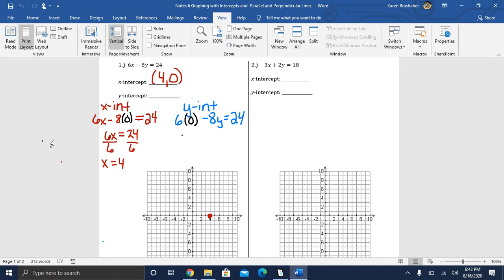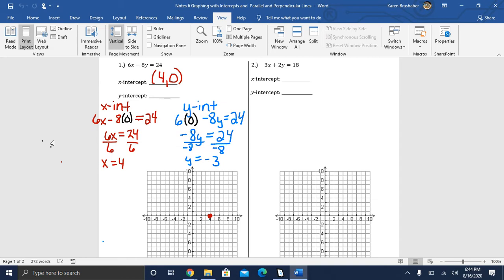So the 6 times 0 is 0, but I do need the negative along with the 8. So negative 8y equals 24. Dividing both sides by negative 8 gives me y equals negative 3. And that is my y-intercept.